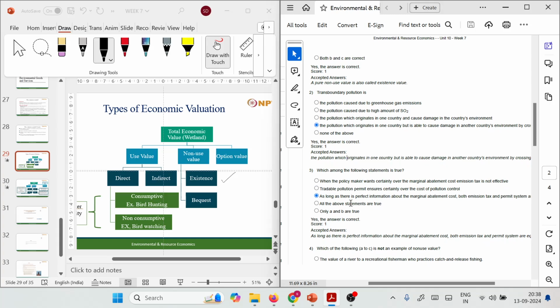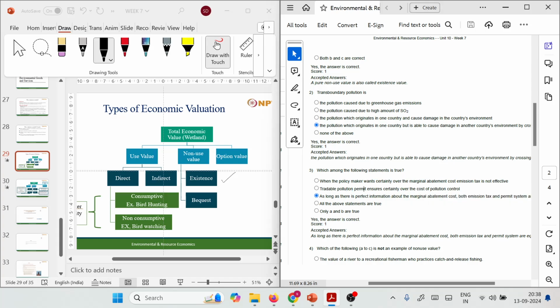Now, in the third case, which among the following statements is correct? When a policymaker wants certainty over the marginal abatement costs, emission tax is not effective. So the first statement is incorrect. The emission tax is effective in this case, when the policymaker wants certainty over the marginal abatement cost, right?